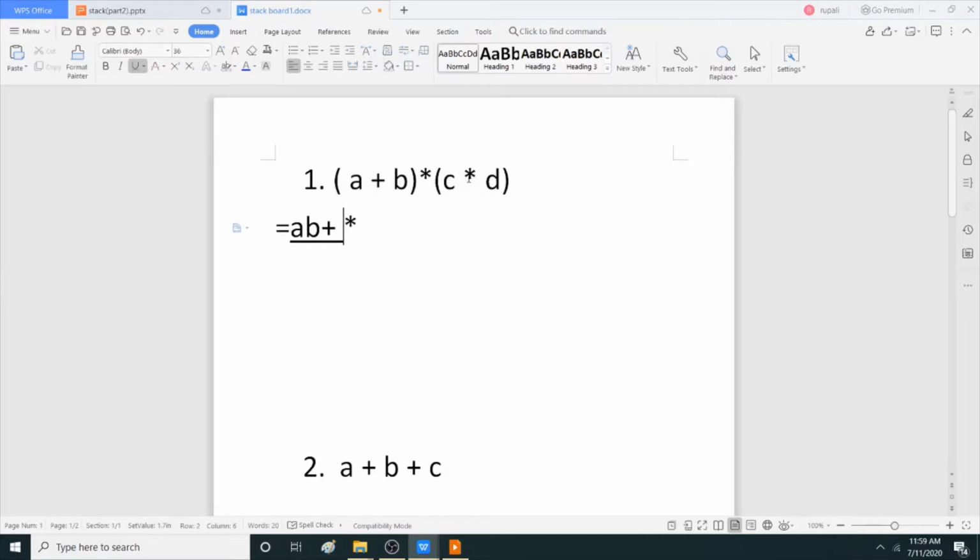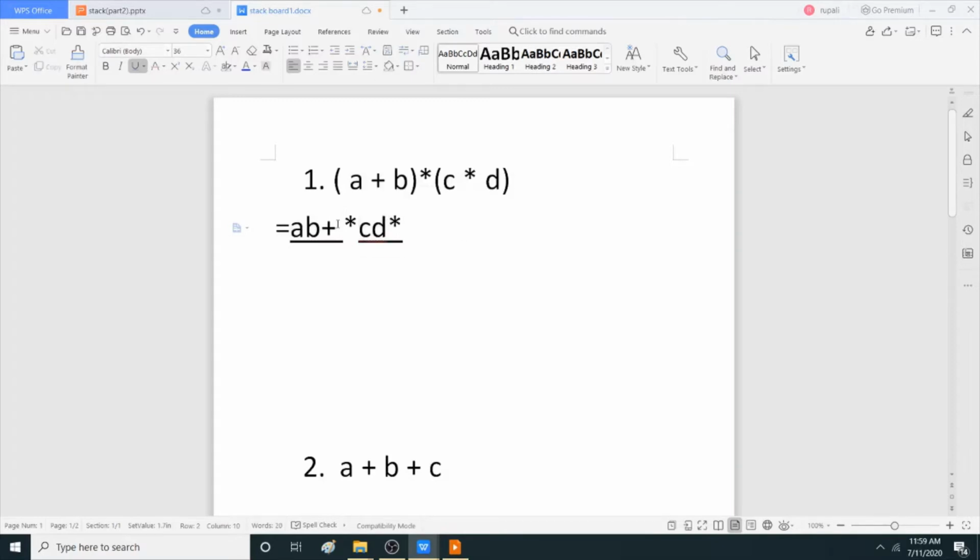After that, C into D becomes C D into, because it is the postfix form. So A plus B means A B plus after postfix. C into D is in infix form, so C D into. So now A plus B is underlined already and C D into is underlined.